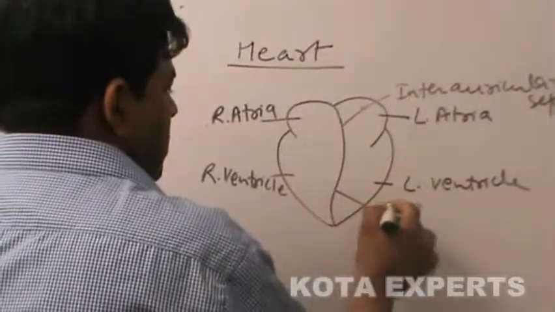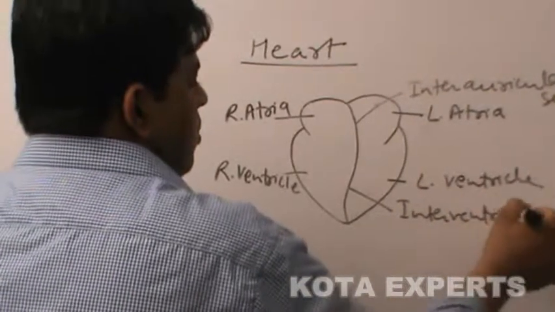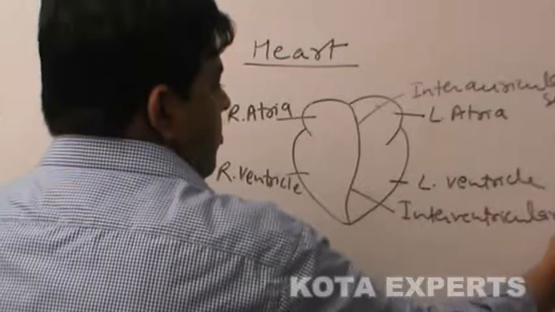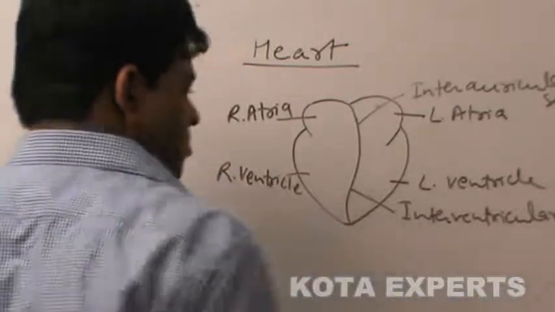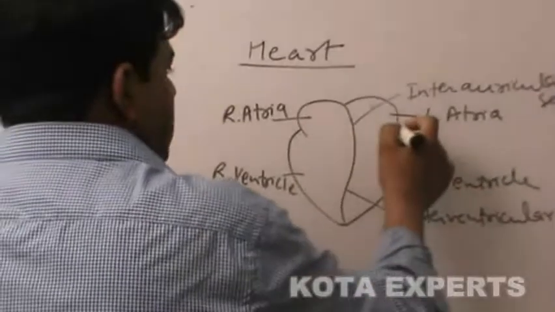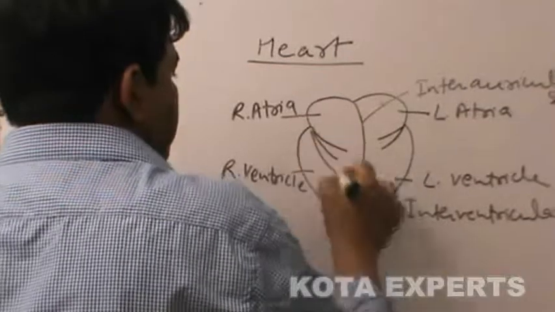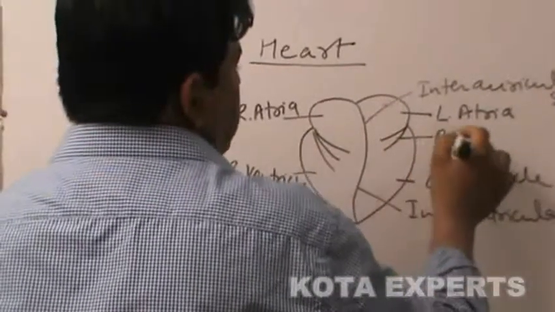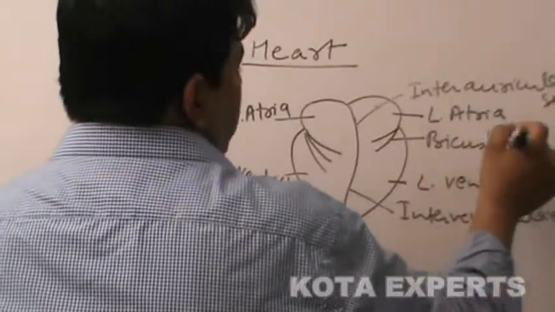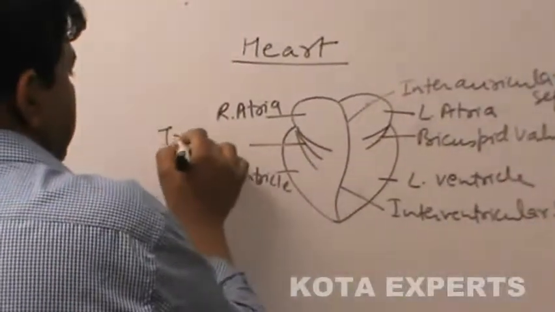This is the interventricular septum. Interventricular septum. Now these are valves, bicuspid and tricuspid valves. This is the bicuspid valve. This is the tricuspid valve.